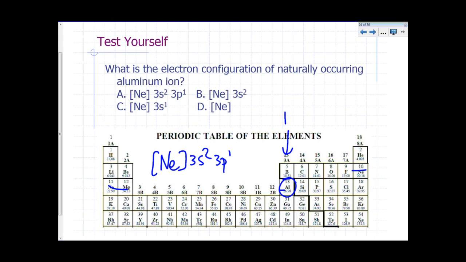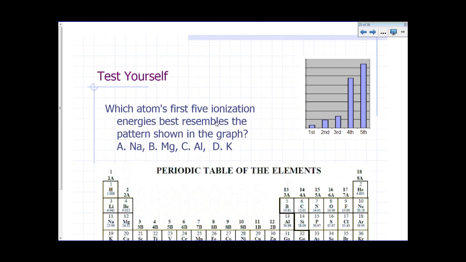It's in the p block, right? This is p1. So what's the electron configuration of aluminum ion? Well, you would expect it to be isoelectronic with a noble gas. It will be positive. It's a metal. And so it will be isoelectronic with neon. So the answer would be this one here, neon core.